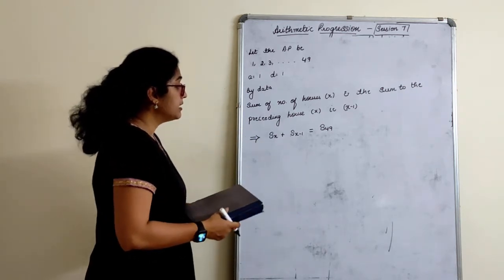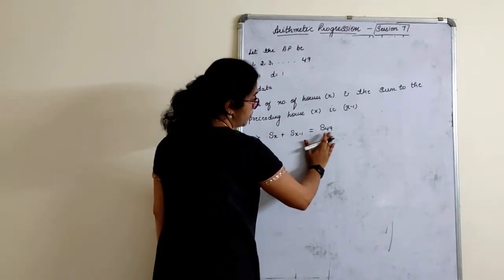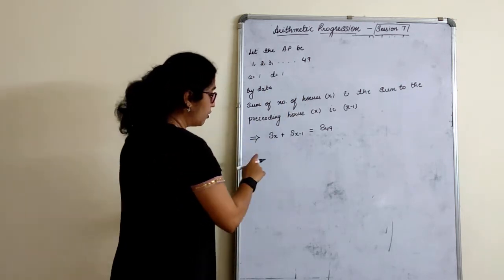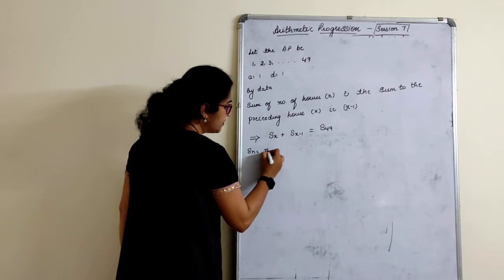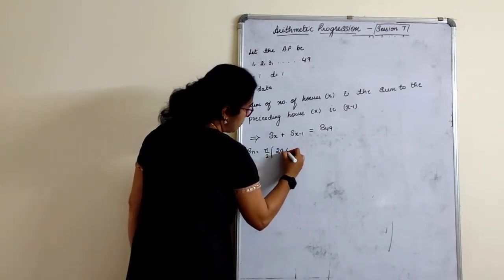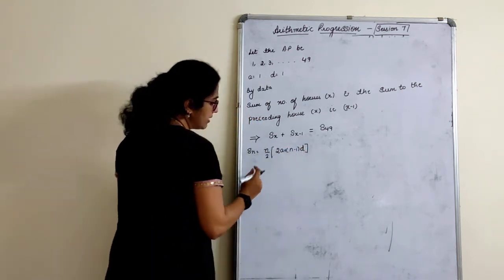So let's do that. Let's first do this individually: Sx, Sx minus 1 and S49. We'll equate that and find the value of x. Same formula, children. Sn is equal to, first write the formula once, n by 2 of 2a plus n minus 1 of d. What is your n here?